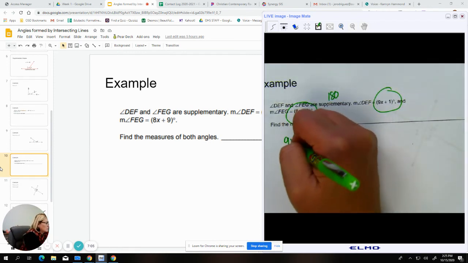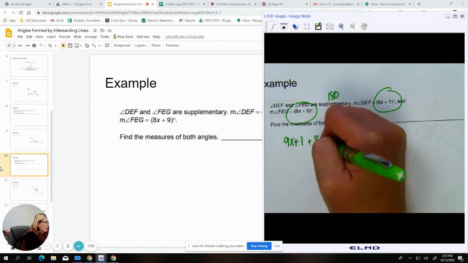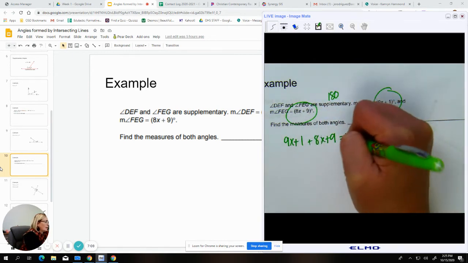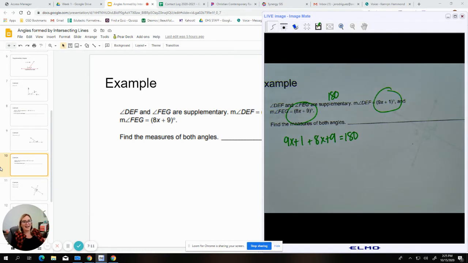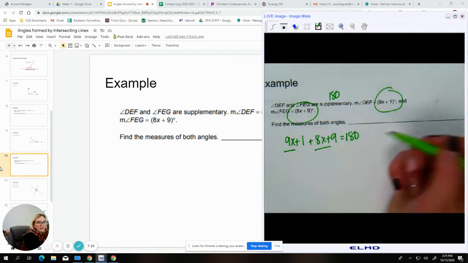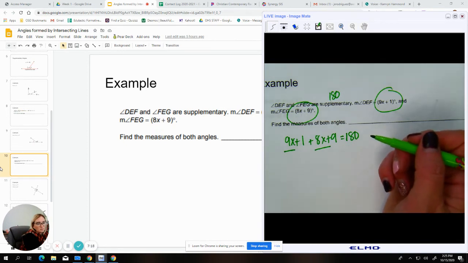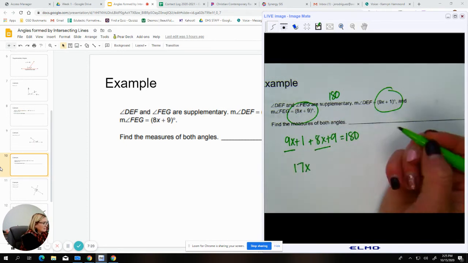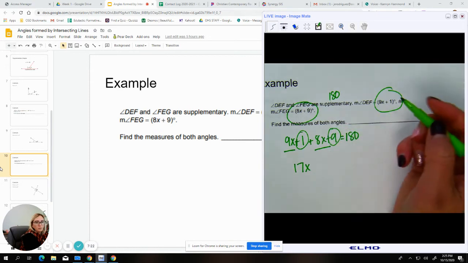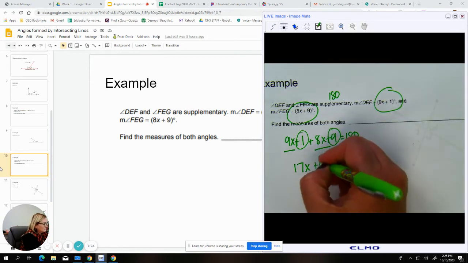So 9x plus 1 plus 8x plus 9, our two angles are supplementary. They're added together to be 180. I am going to combine my like terms. So 9x plus 8x is 17x. 1 plus 9 is 10.